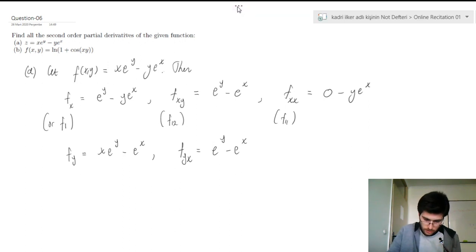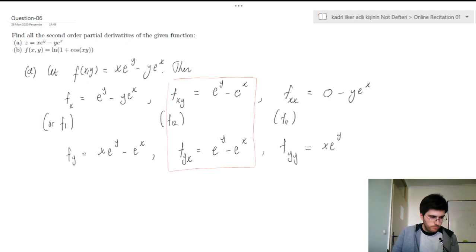You should check your notes to see why it is not a coincidence. And then, what is it? yy. And this one, and that's all. Is that correct?